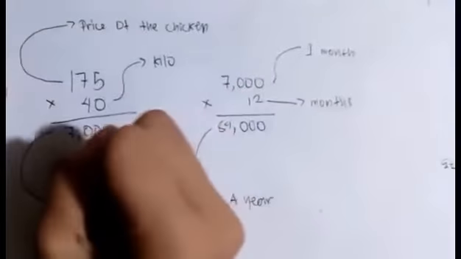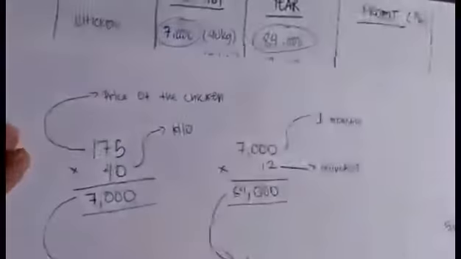The total of Bon's expenses for 1 month will then be multiplied by 12 for 1 year, which comes to 84,000 a year. So this 7,000 is Bon's monthly expenses, and 84,000 is his yearly expenses.